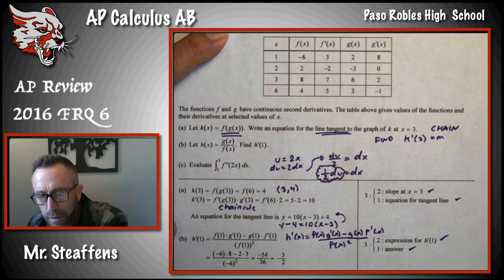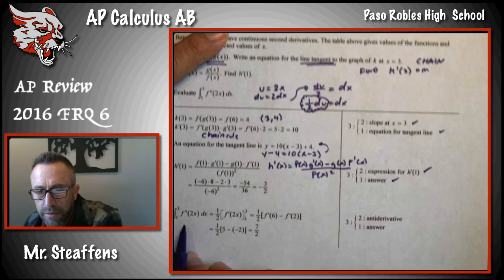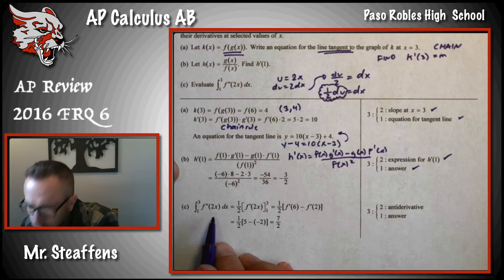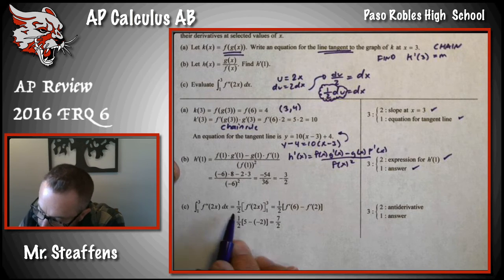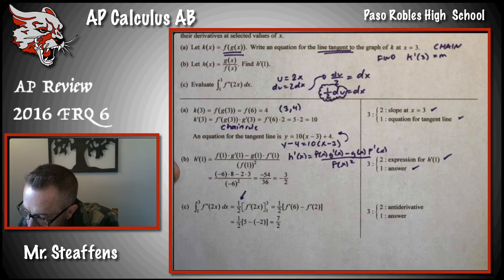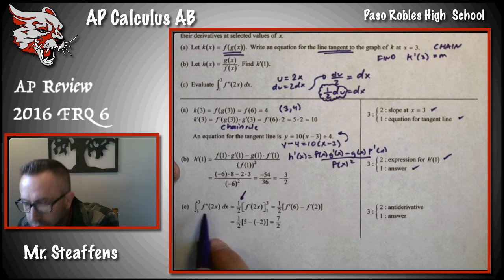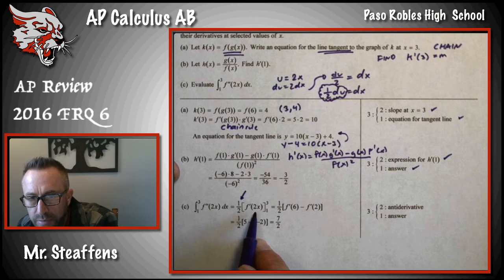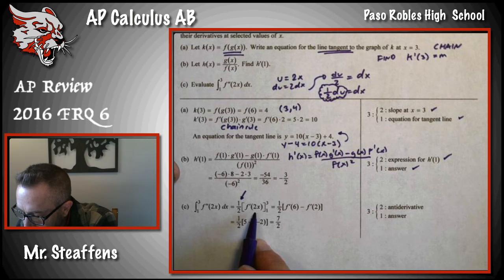The integral from 1 to 3 of f double prime of 2x dx is going to be, well, there's the 1/2 that I talked about. So this would become 1/2 f prime of u, and the u is 2x. So I get 1/2 f prime of 2x. I just use that u substitution there. And I have to go from 1 to 3.